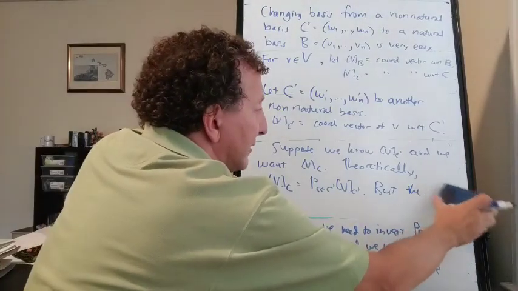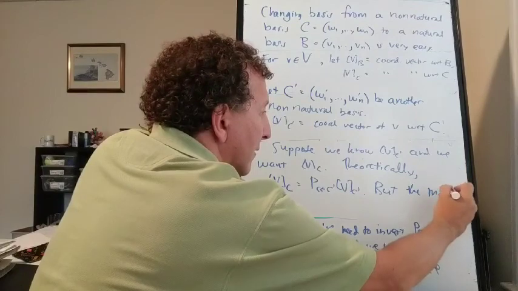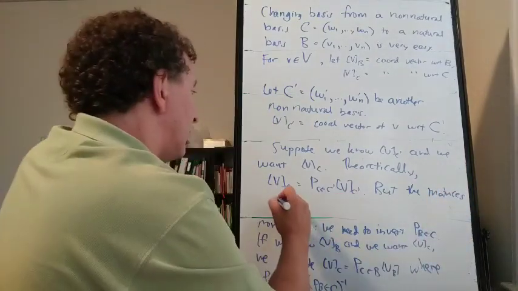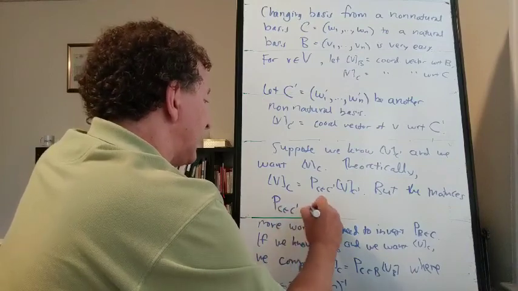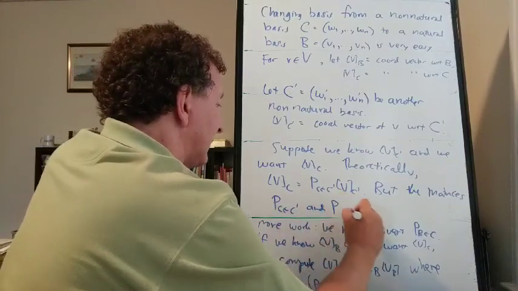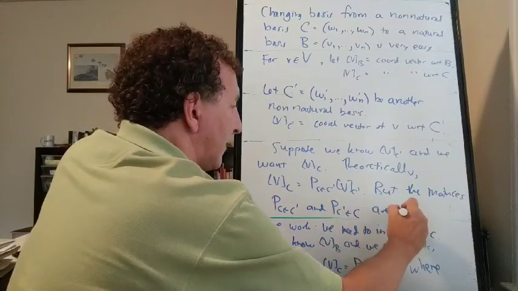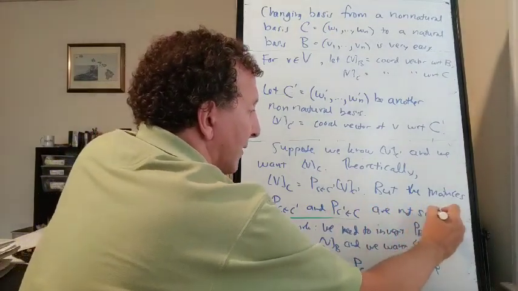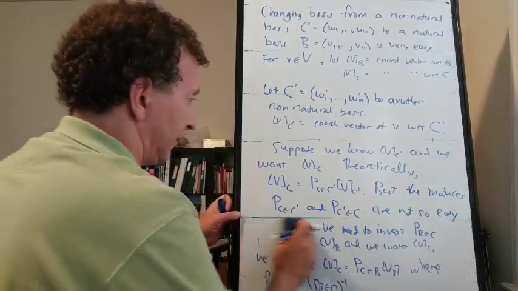So the matrices P_{C'→C} and P_{C→C'} are not so easy to find directly.